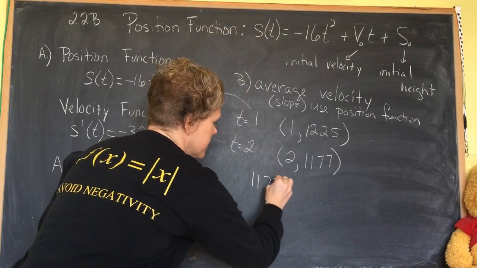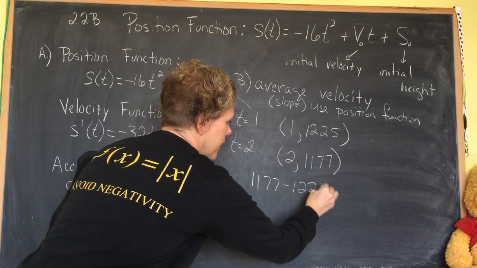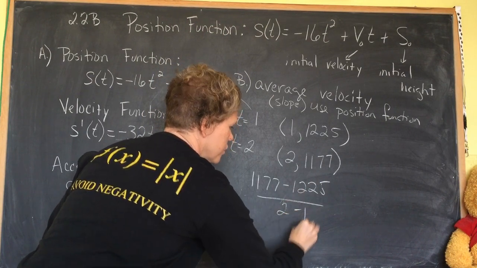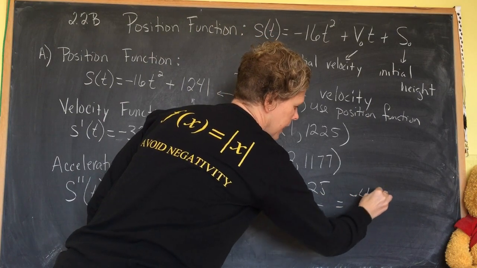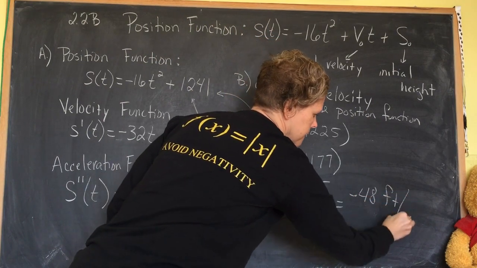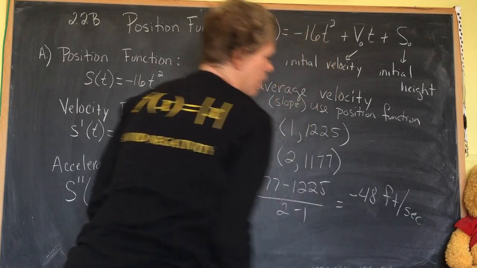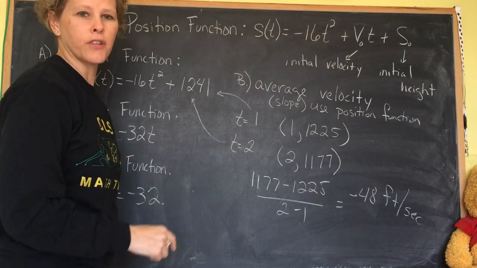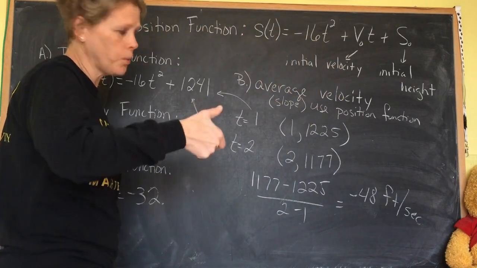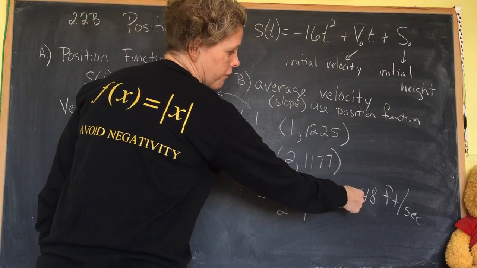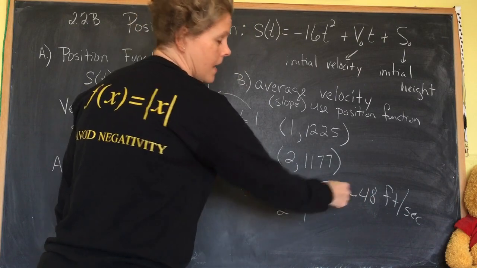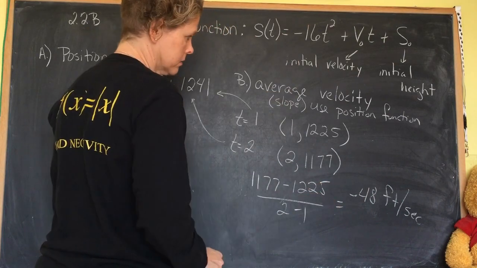So 1177 minus 1225 over 2 minus 1, I got negative 48. So all that means is if the coin is going down after 1 second and then after 2 seconds, in between there, between 1 and 2 seconds, the coin is traveling at an average speed of 48 feet per second. It's negative because the coin is going down.